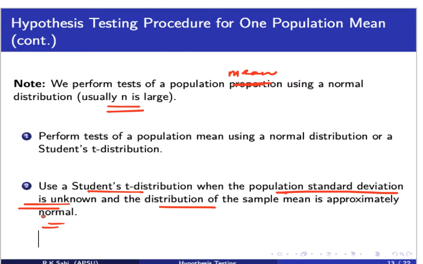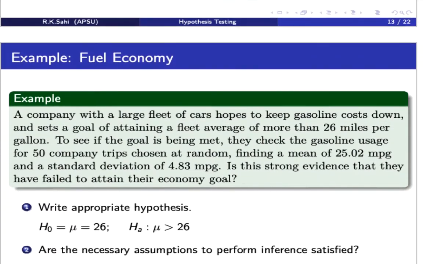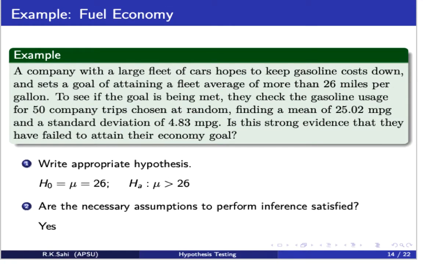Now, let's go ahead and do some examples. The first example: a company with a large fleet of cars hopes to keep gasoline costs down. They set a goal of attaining a fleet average of more than 26 miles per gallon.